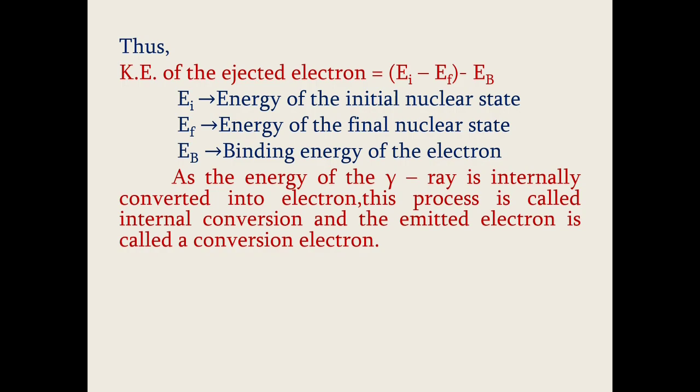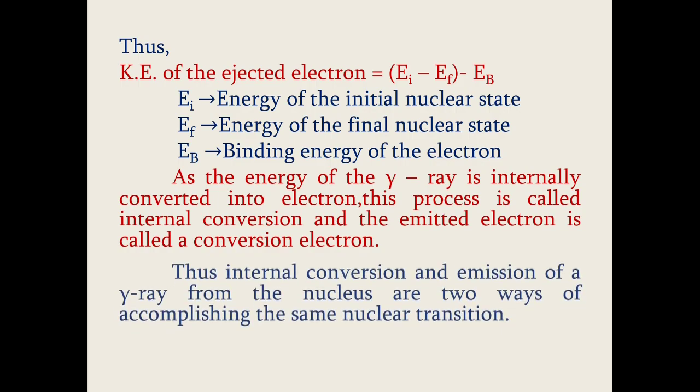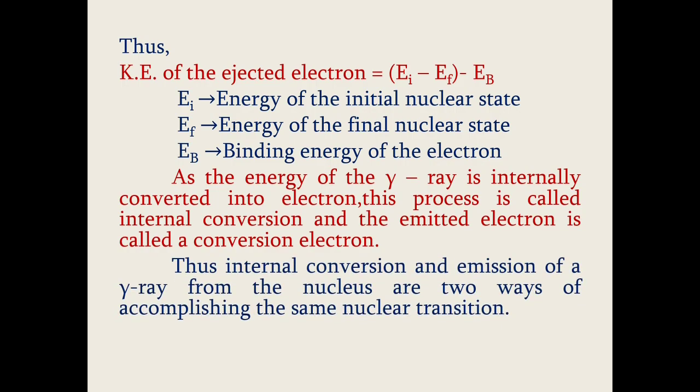So, we call this process internal conversion, and the electron which gets dislodged from the atom is called a conversion electron. So, we can say this process of internal conversion and the emission of gamma ray are the two ways of making the nuclear transition.